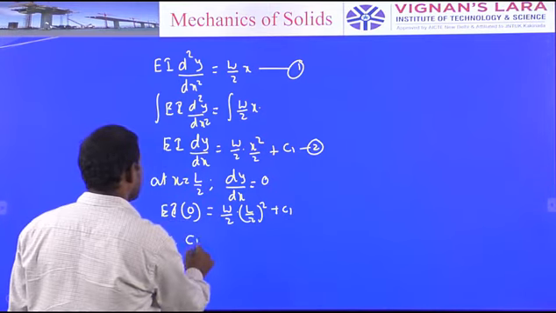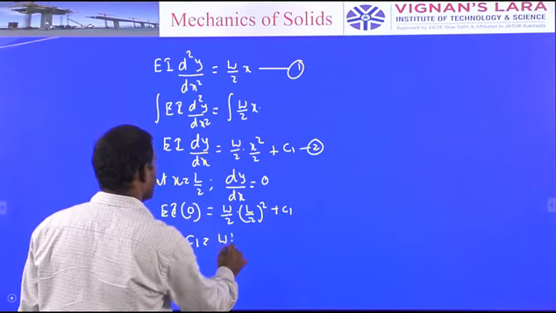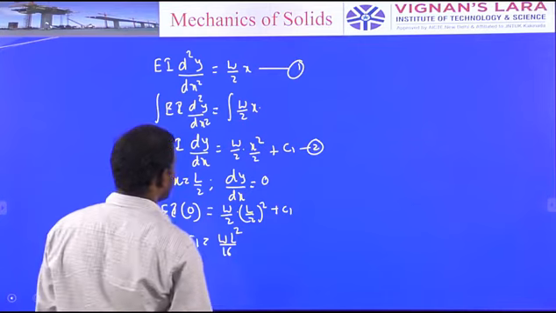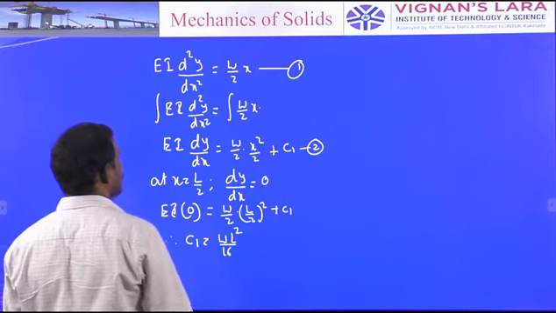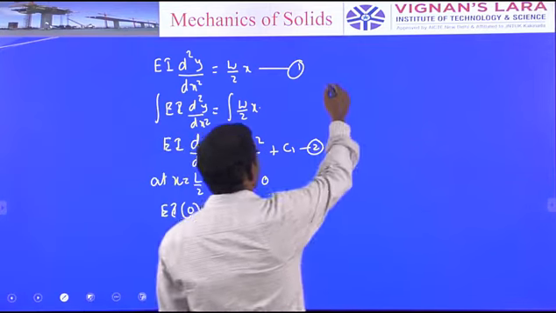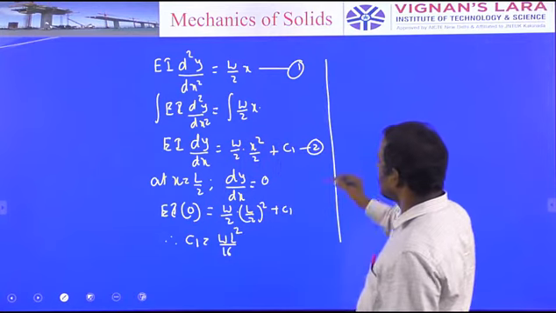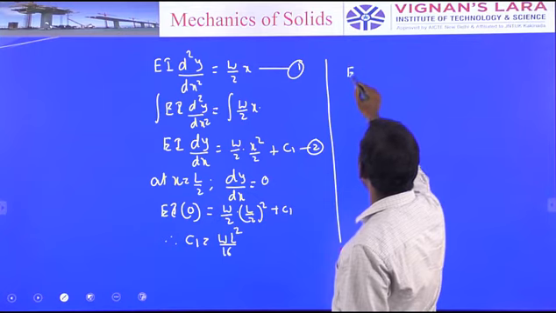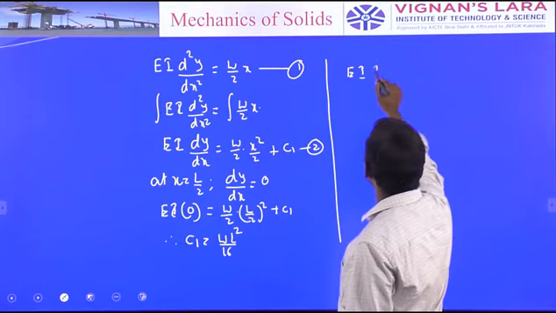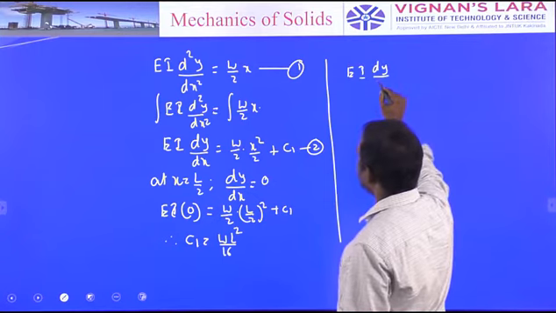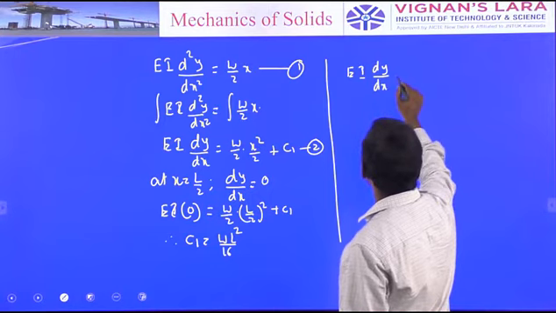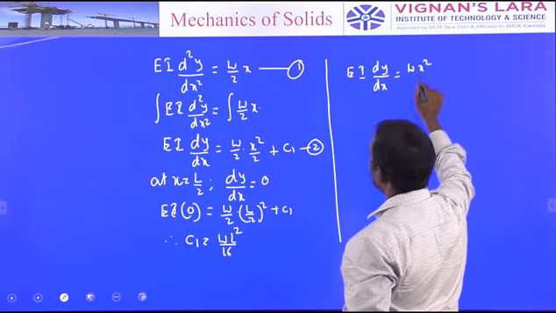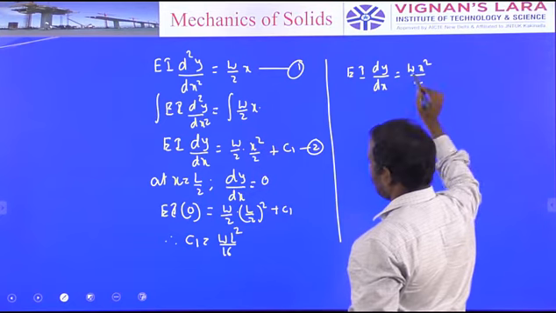Therefore C1 is equal to WL square by 16. Simply substitute the C1 value in the slope equation. Finally, EI dy by dx is equal to W x square by 4.